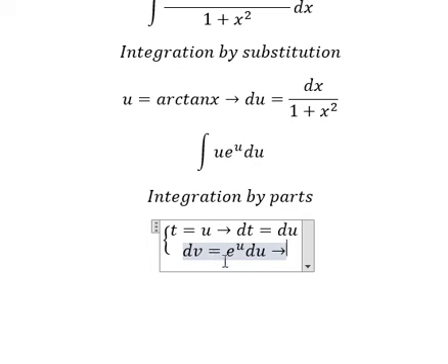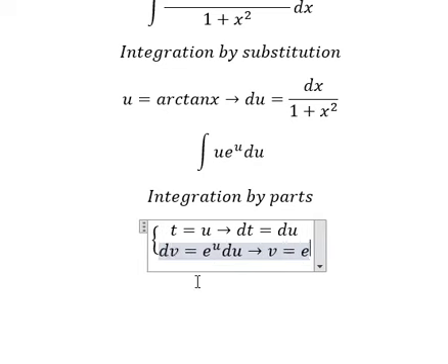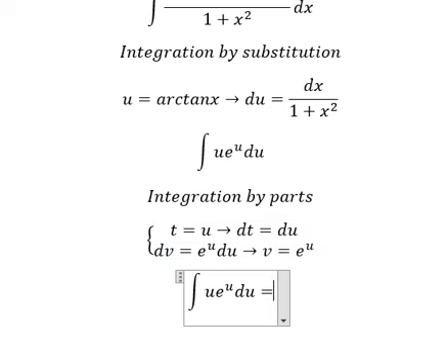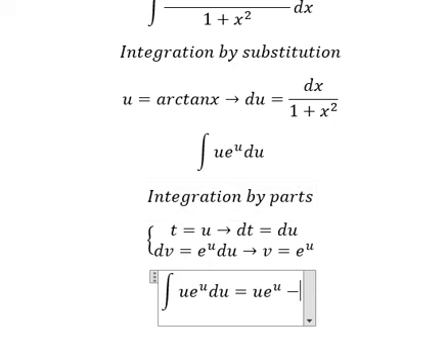So the integration of this one, we have v equals e to the power of u. So we have t multiplied by v minus the integral of v dt.